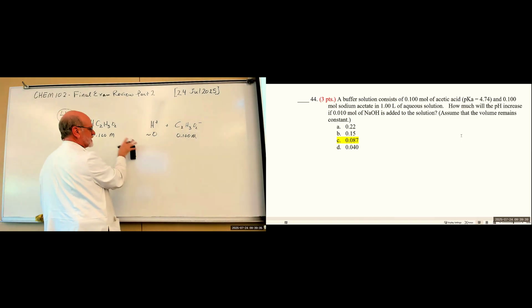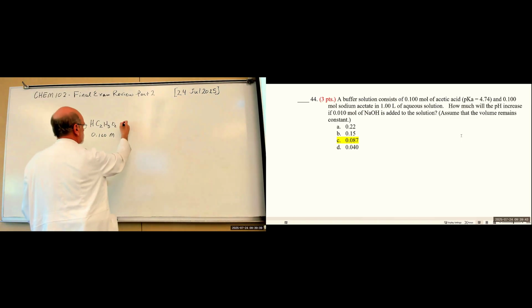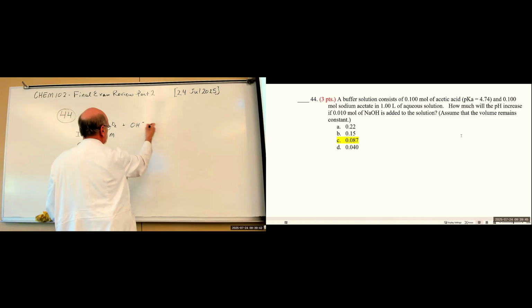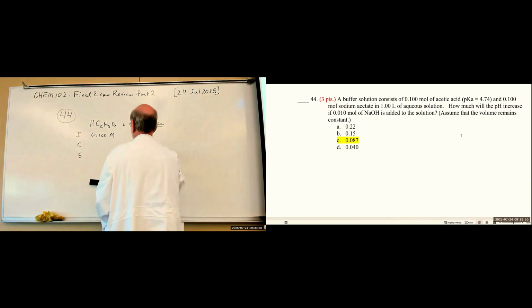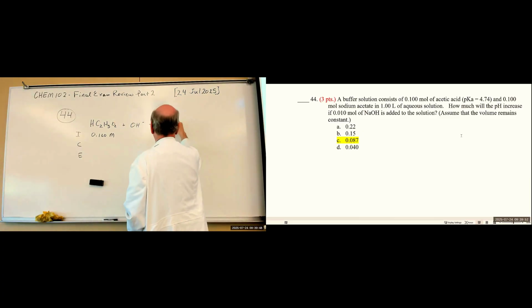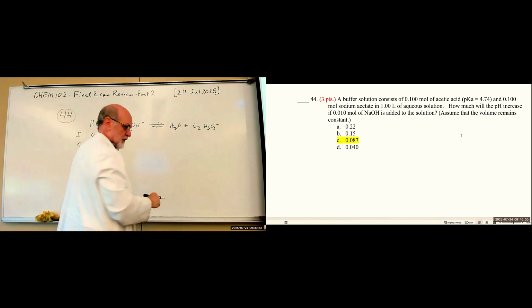This would be an acid equilibrium. Let's do it as a titration. I think that would take us there with more certainty. So this is going to give us water and C2H3O2 minus. There we go.